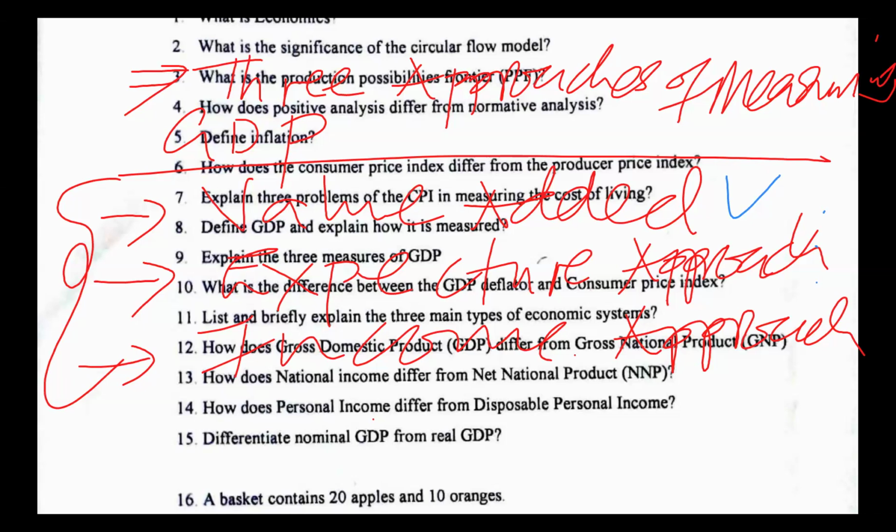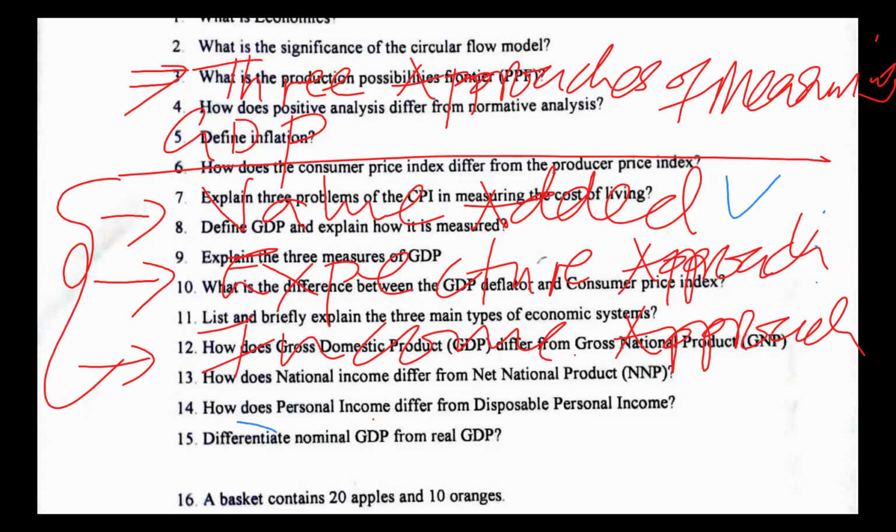The value-added approach, we are just capturing the value that has been added at each stage of production. There will be examples that we're going to do on the value-added approach, so that you understand how it is computed and how questions are phrased.